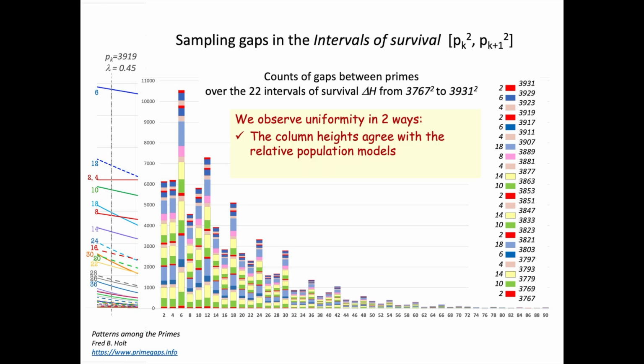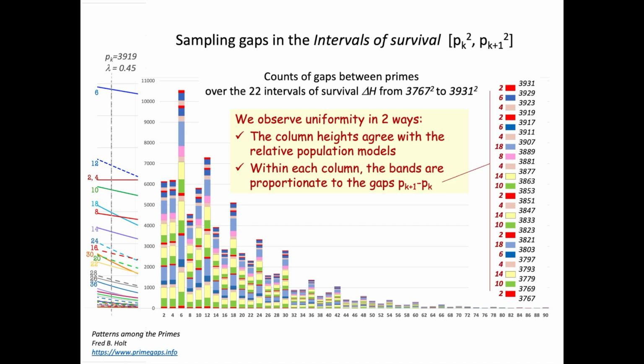We observe this alignment, this uniformity, in 2 different ways. First, the column heights agree with the relative population models to first order. But second, if we look within each column, so if we focus just on that third column, the one for 6s, the tallest column, we note that the bands within that column are proportionate to the gaps on the right.